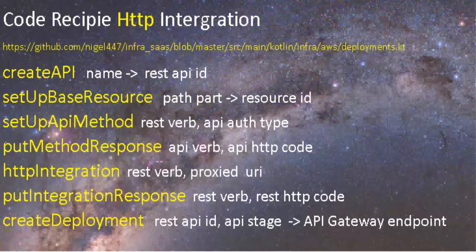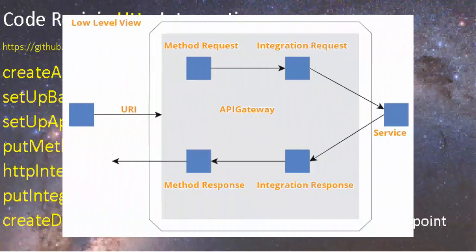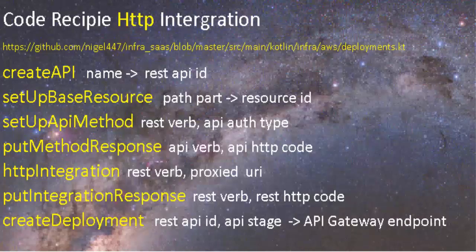Now we will implement the four basic blocks that we see here. We have functions that set up a method and its response, and an integration and its integration response, with the input parameters you can see outlined here. Finally, we have a create deployment function, which takes all the artifacts we have previously constructed and then adds what's known as an API stage.